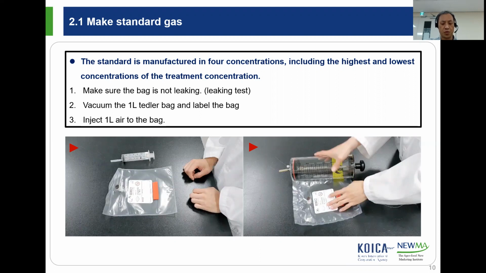GC is used for detecting the concentration. The standard curve is necessary for GC. That's why you should be able to make a standard gas. The standard gases are manufactured in at least 4 concentrations, including the highest and the lowest treatment concentrations.